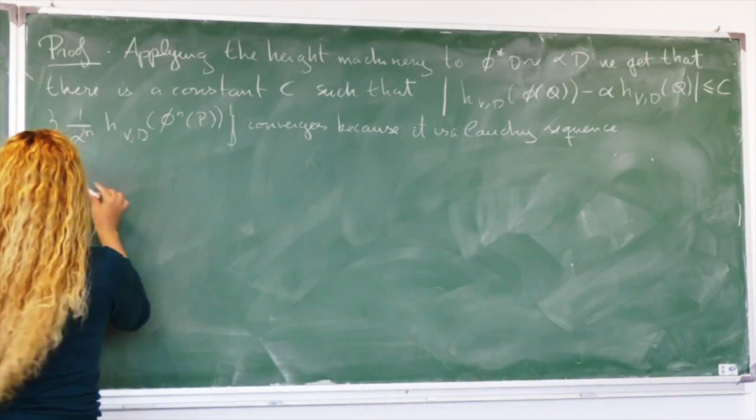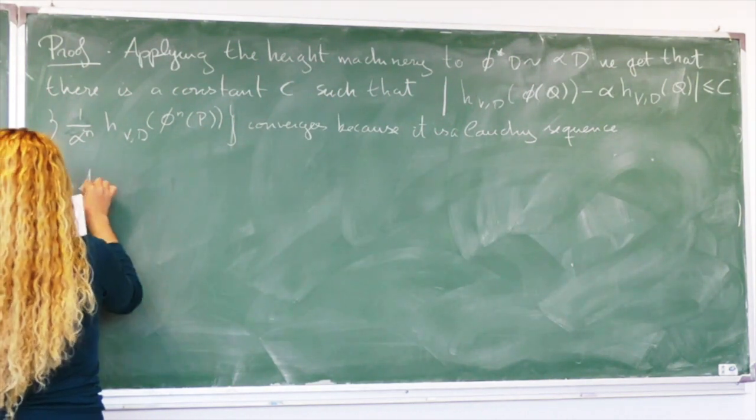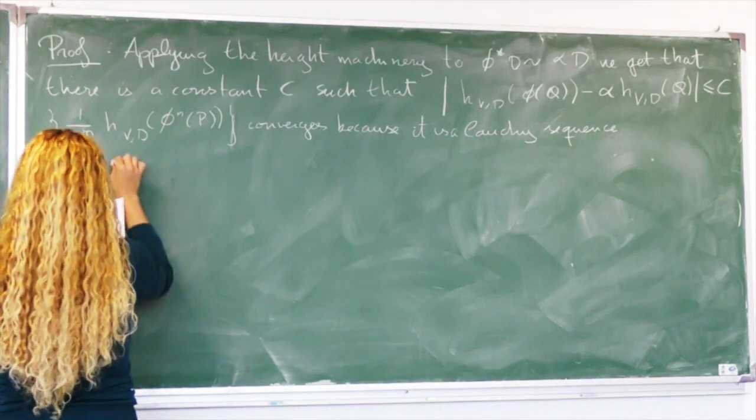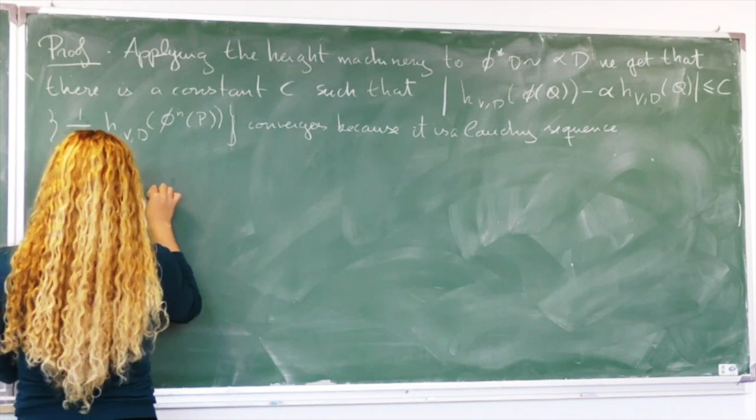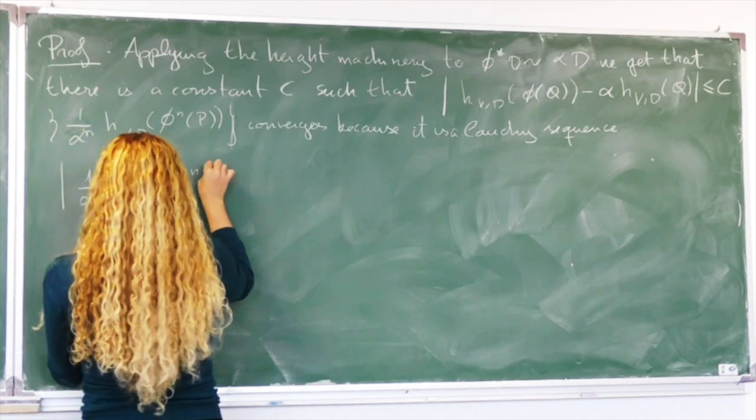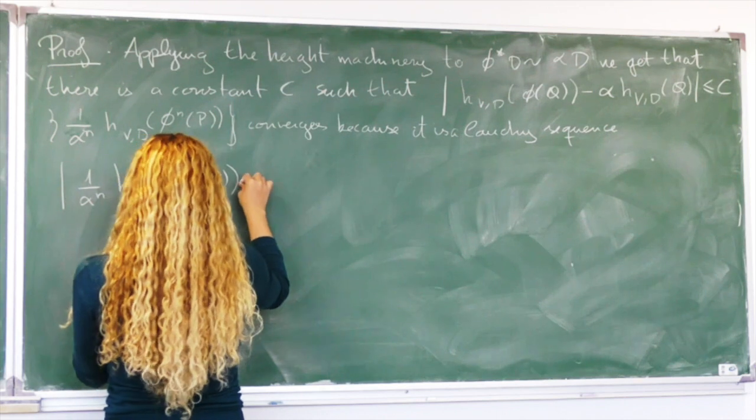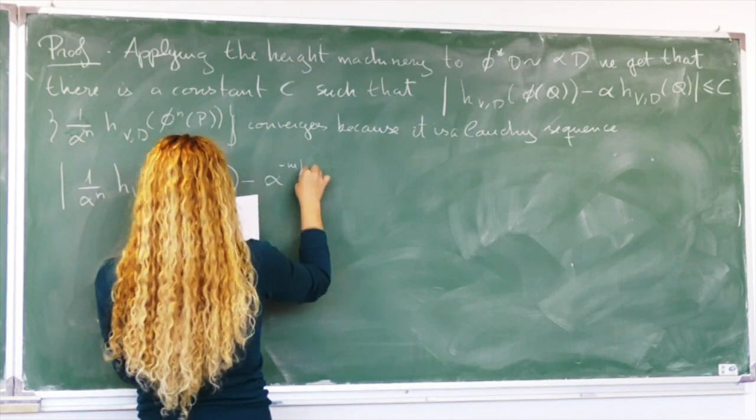So for that, we have to look at this. I write it like this: phi n minus this.